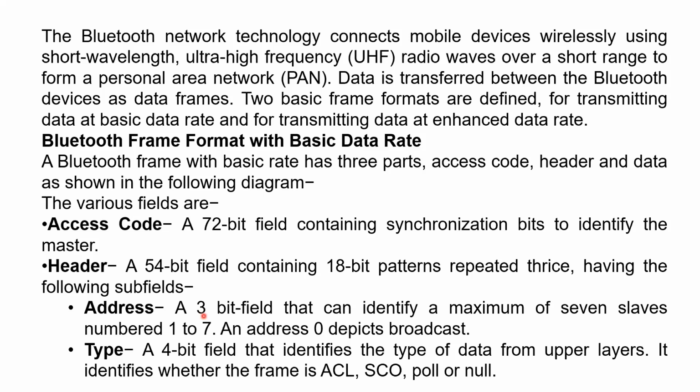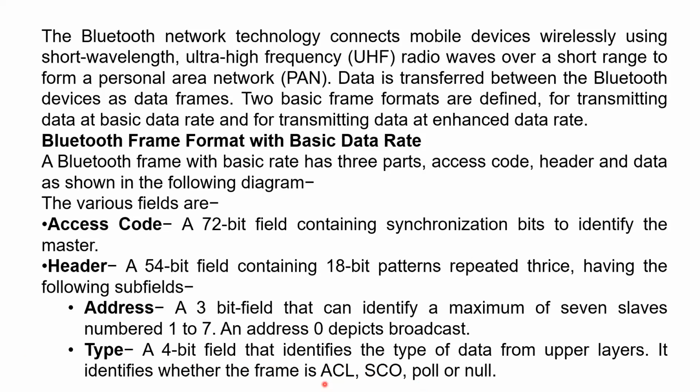Then next type of the field is type field, and it is 4-bit field. What it does is it identifies the type of the data from the upper layer. So which type of communication is going to be there? This is identified by this 4-bit field. There are three types to be identified here.